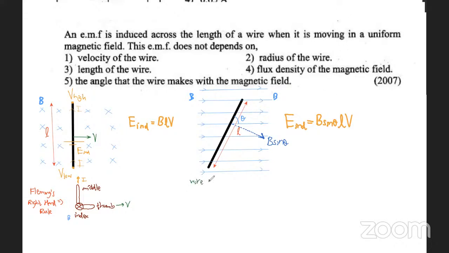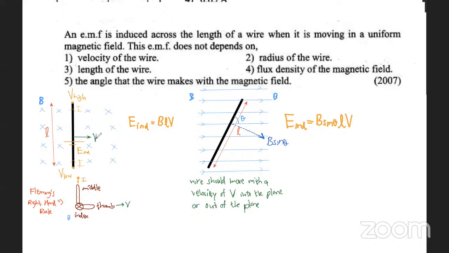Wire should move with a velocity of v into the plane or out of the plane, because one of the three, direction of motion, magnetic field or current, should be either into or out of the plane.